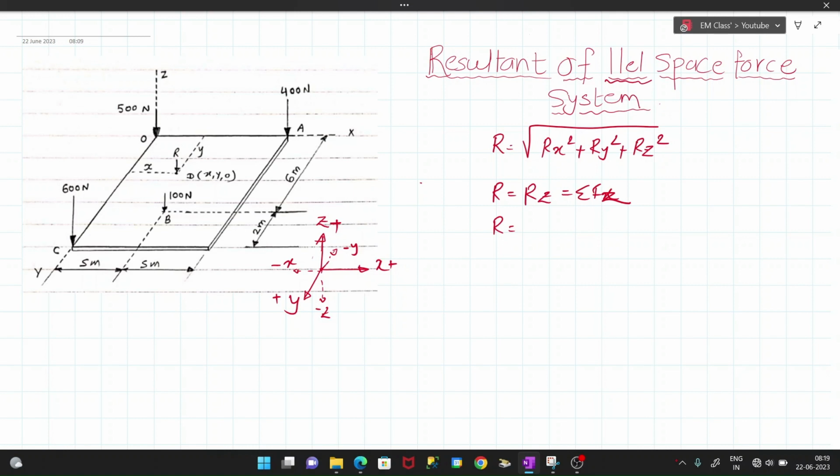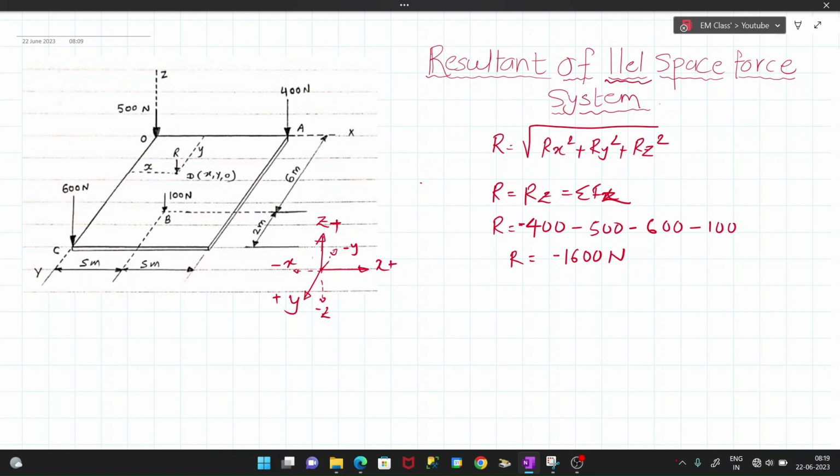Starting with a point, that is the 400 Newton force. It is going downward, that is why minus. Then again minus 500 at the origin, minus 600 at the C point, and minus 100 at the B point. So R is coming as around minus 1600 Newton.